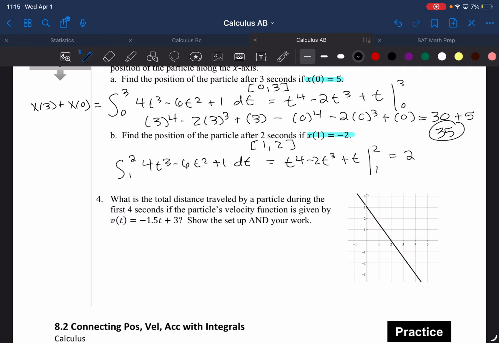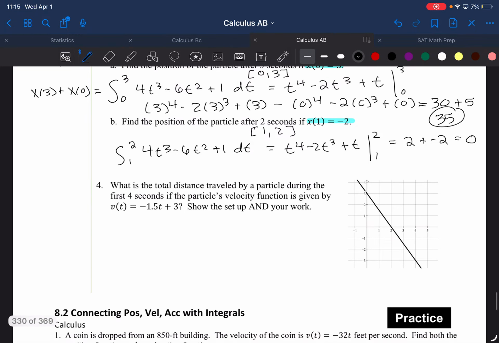But since when time is equal to 1, we're already at a negative 2, I'm going to add negative 2 to my answer, which gives me 0. Okay, which means after 2 seconds, they moved from negative 2, the starting value, to now 0. So they moved 2 spots. Okay, any questions on 3?